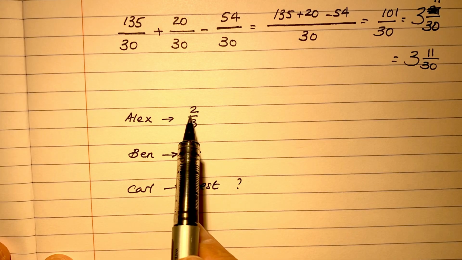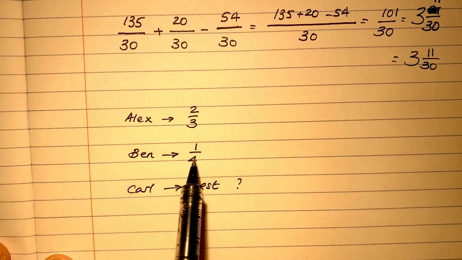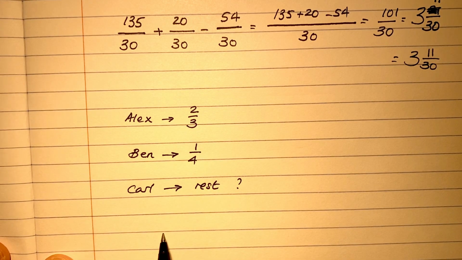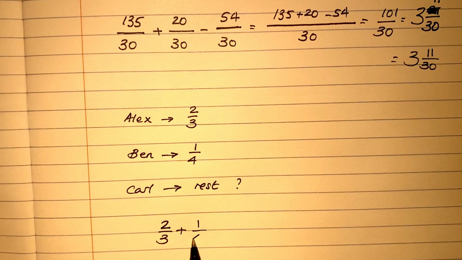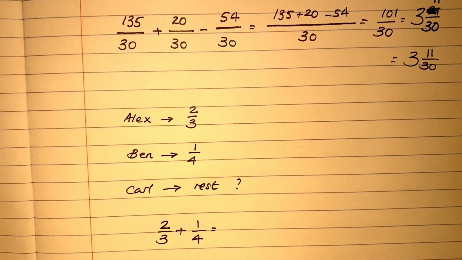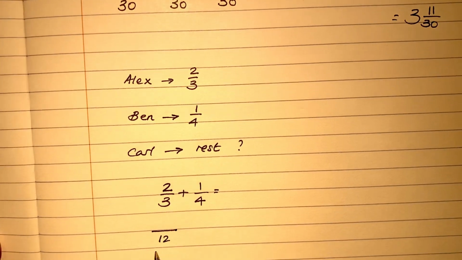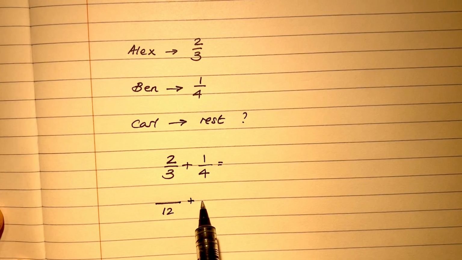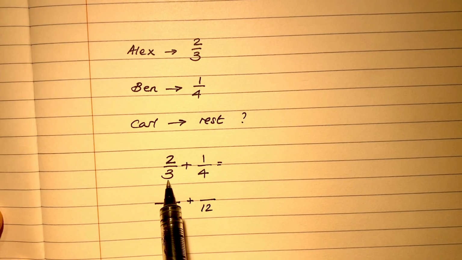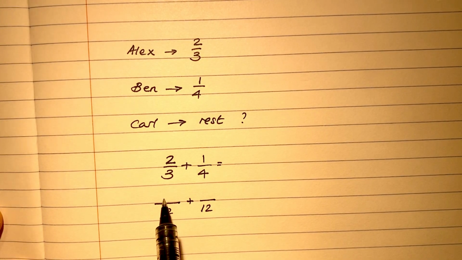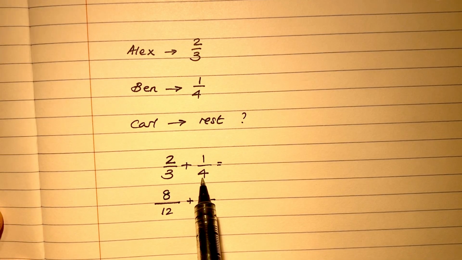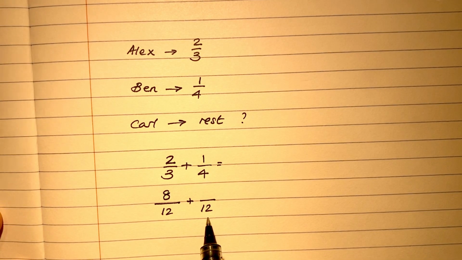So first of all, Alex had 2/3 and Ben had 1/4. Let me see how much of the cake is gone. So 2/3 plus 1/4. Common denominator, 12. 3 has become 12, times 4, 2 times 4. 4 has become 12, that's times 3, 1 times 3.